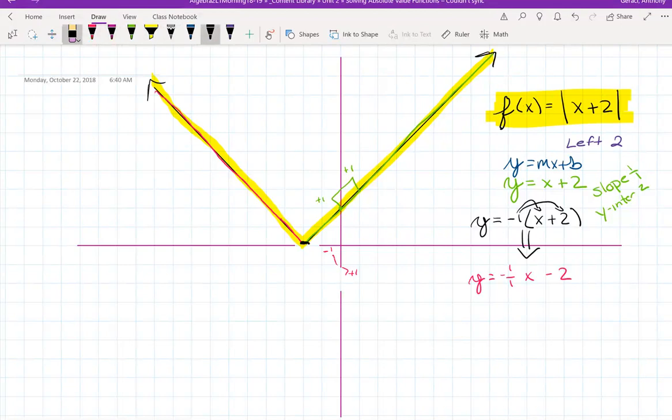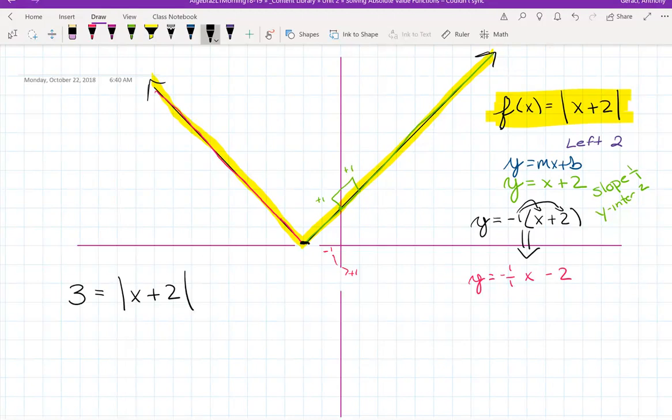So let's just say I asked you to solve for, let's say, 3 equals the absolute value of x plus 2. I want you to solve for x. So the first one is easy.